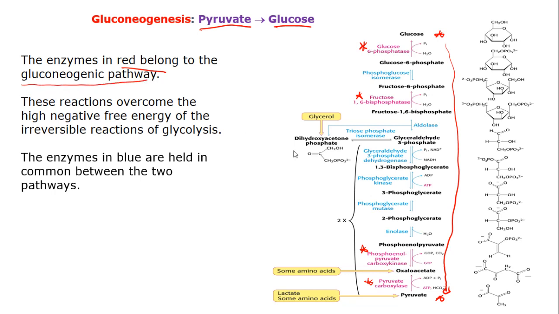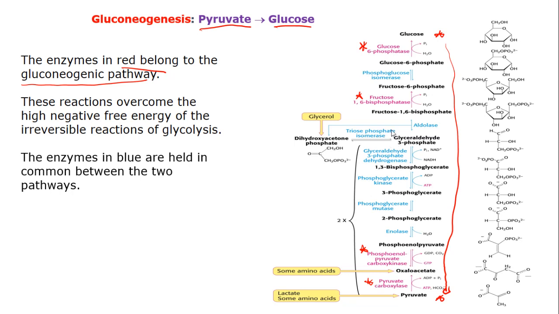So these enzymes, they play a role in the process of what? Gluconeogenesis. So that's one of the things that we need to understand. Take note. Within these enzymes which we found in the process of glycolysis, there are enzymes that play a role in what? In gluconeogenic pathway.